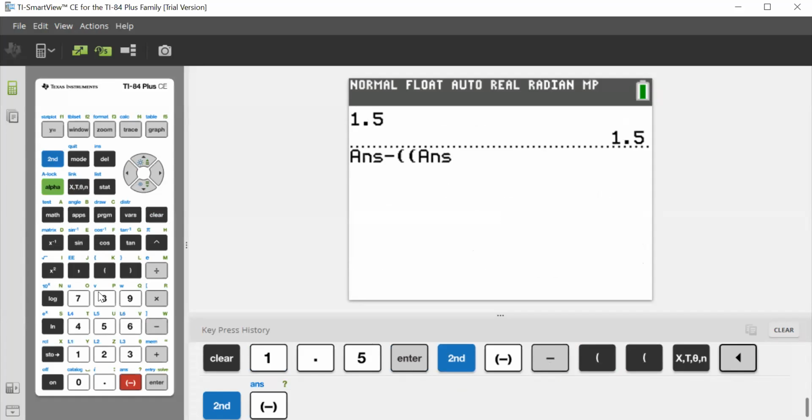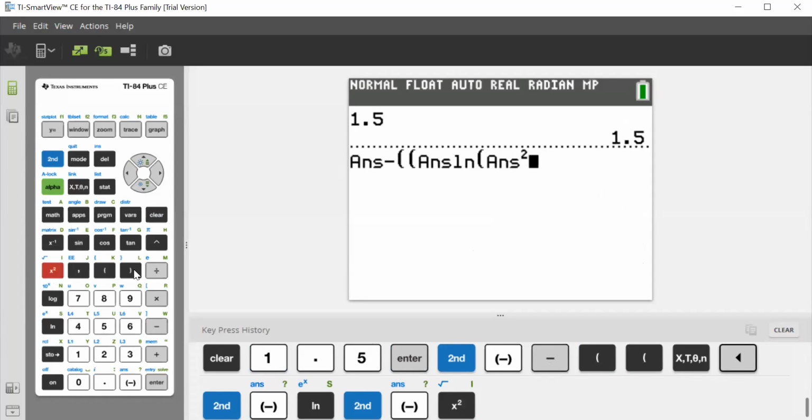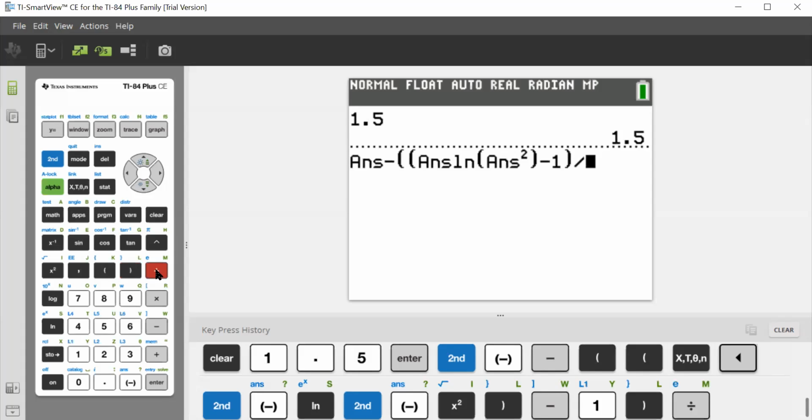Function is x, and then ln of x sub n, answer, squared. Close the parenthesis on your ln, minus 1. Close the parenthesis on your numerator, divided by parenthesis on your denominator.